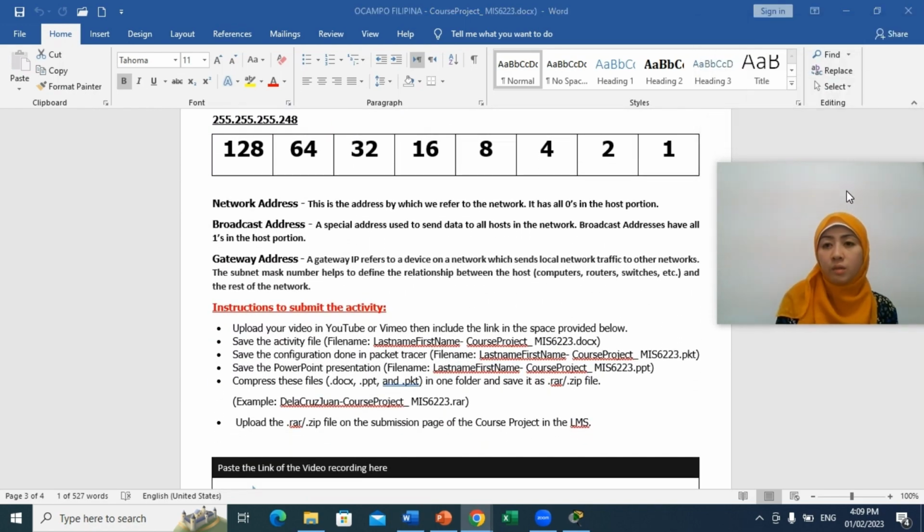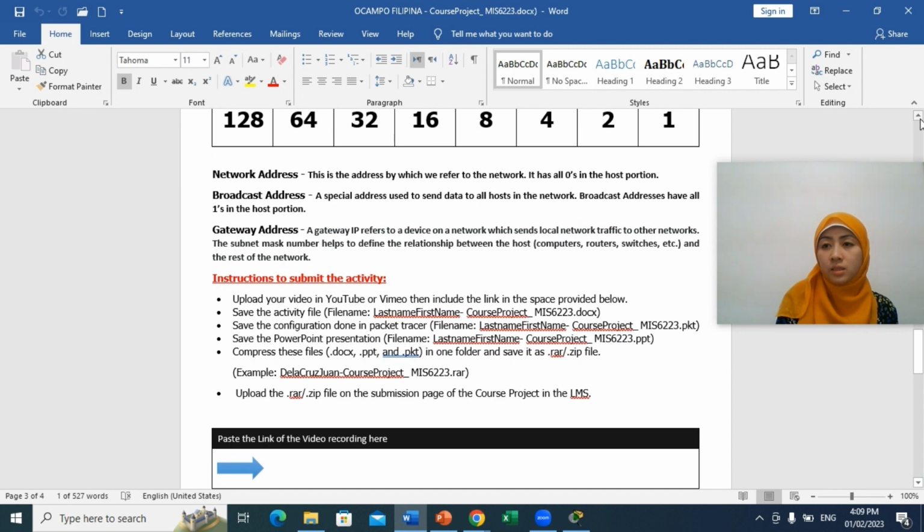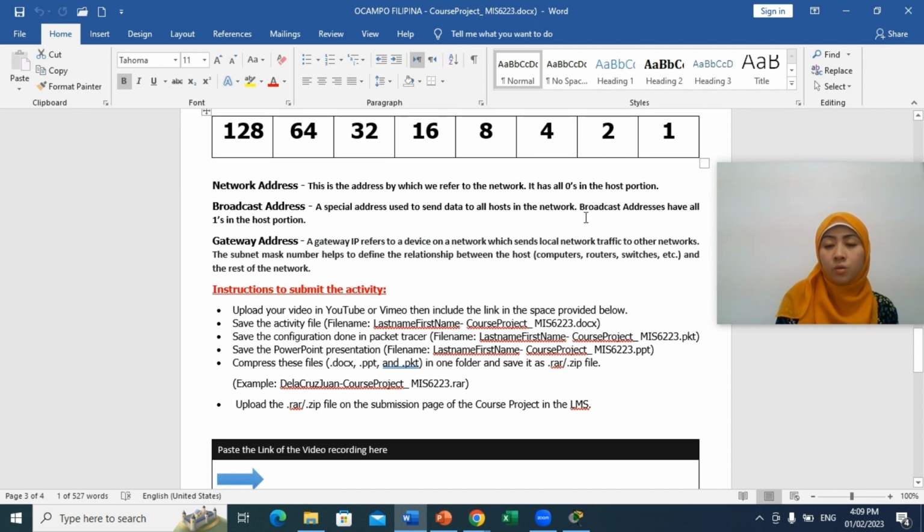This table will help me convert the IP address to binary or decimal. In number one, we have 224. So to get the binary, we do 224 minus 128.